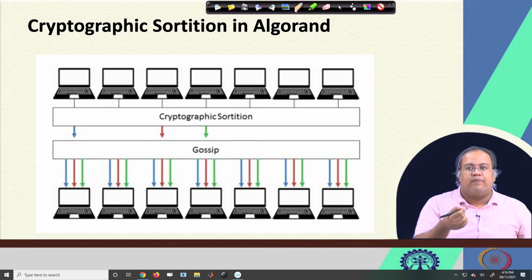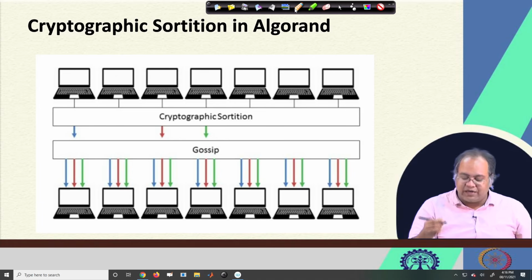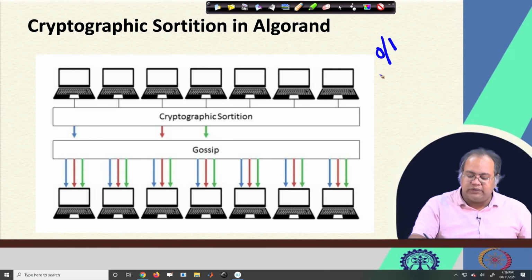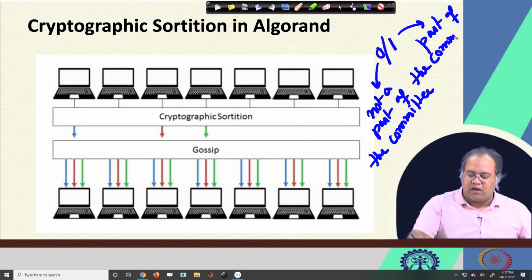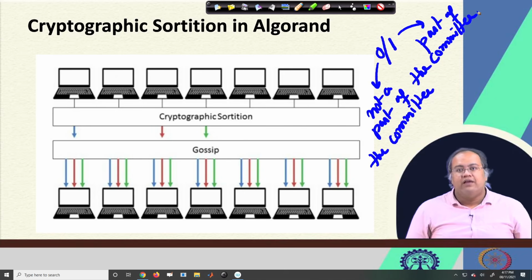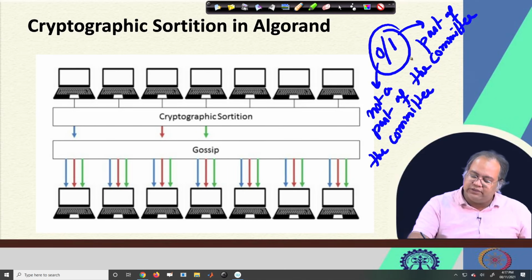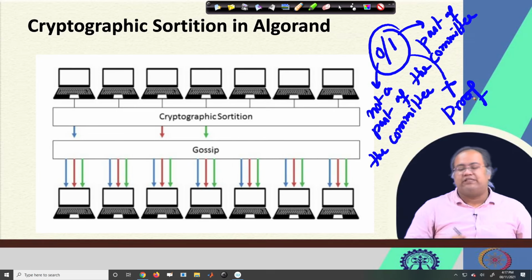Just as a high level idea, let me explain it this way: cryptographic sortition returns a 0 or a 1. 0 means you are not a part of the committee, and 1 means you are a part of the committee. Along with this 0 or 1, it also generates a proof that the 0 or 1 has been generated.